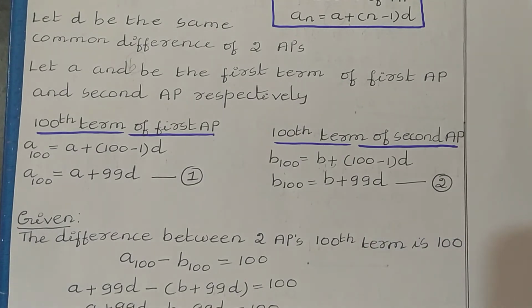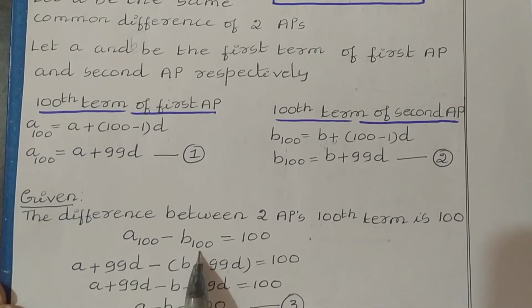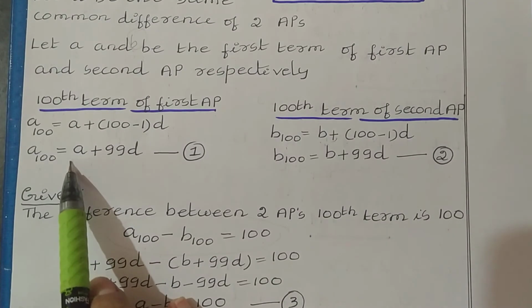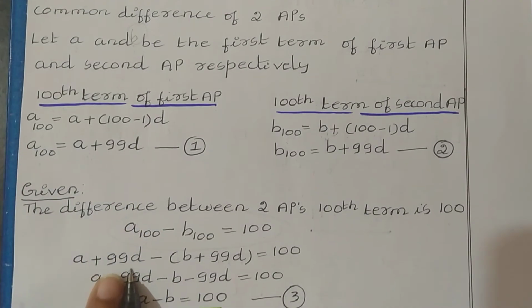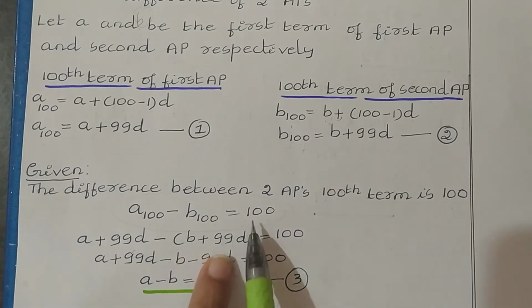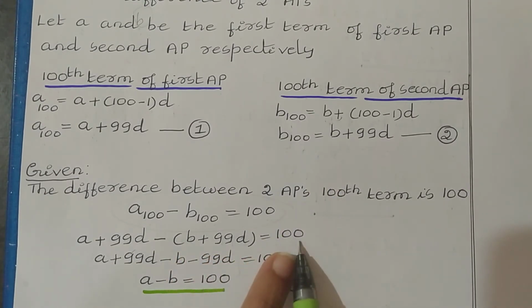Next, in the question they have given that the difference between the 100th terms of the two arithmetic progressions is 100. So let us write a100 minus b100 is equal to 100. Now substitute the values: a plus 99d minus b plus 99d is equal to 100.